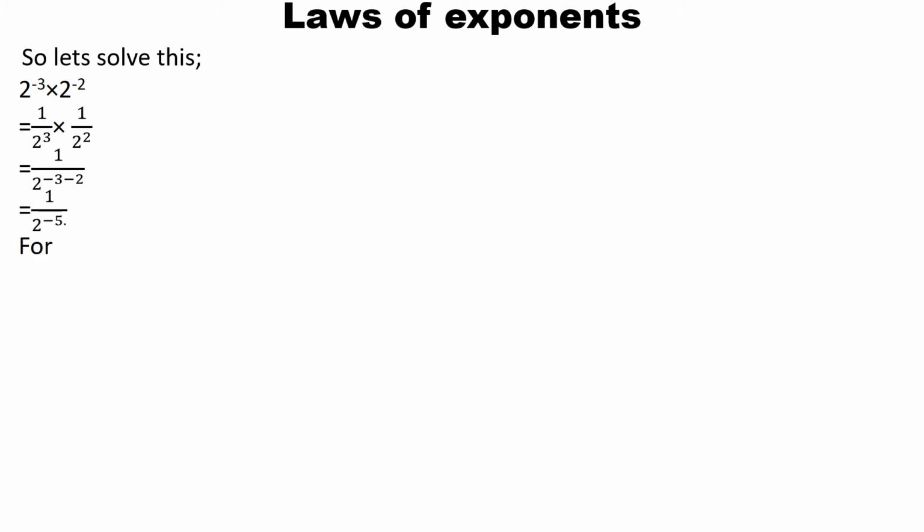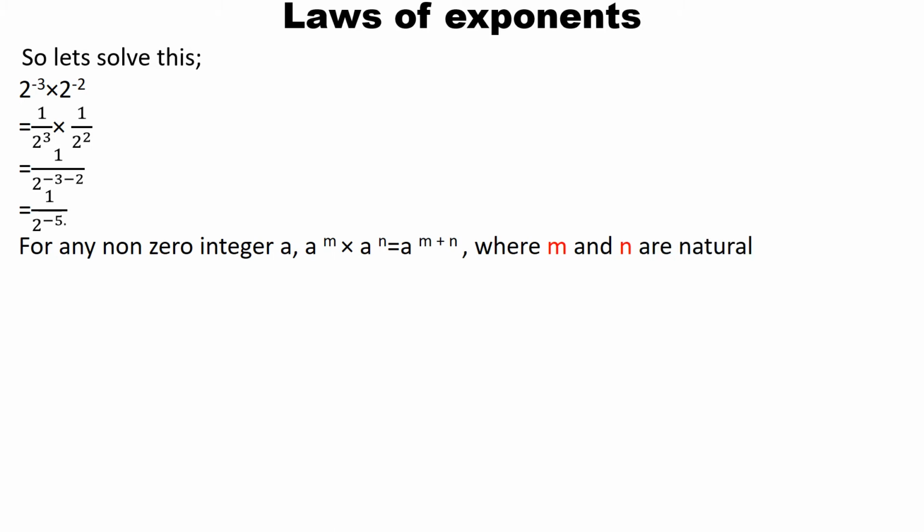Then let's learn. For any non-zero integer a, a power m into a power n is equal to a power m plus n, where m and n are natural numbers. So we got a multiplication symbol, right? In the problem we got a multiplication symbol, so we have to follow this formula, that is a power m into a power n is equal to a power m plus n. So we have to add the exponents. We got a negative exponent, right?